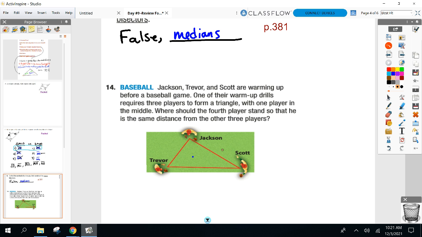Equidistant from those 3. Centroid's 2 to 1, that's my 2 to 1. I'm looking for the point that is equidistant from all 3 vertices of a triangle. That's with altitudes. We've got 2 more to choose from.